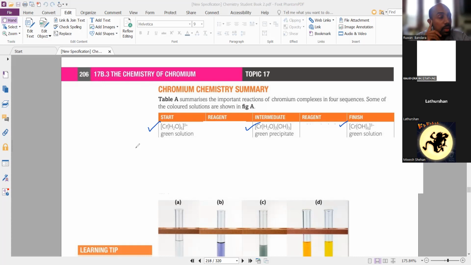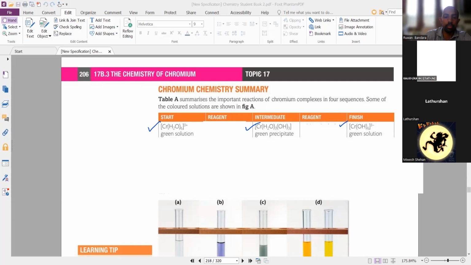What is the name of the first one? Hexaaquachromium(III).